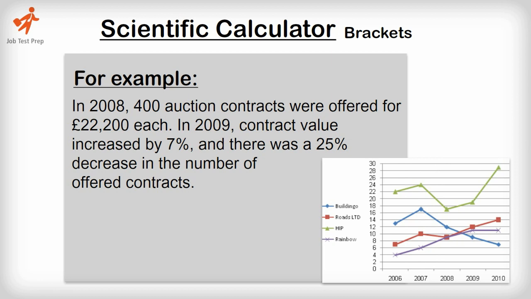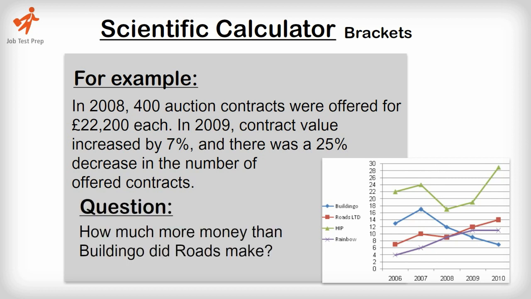For example, in 2008, 400 auction contracts were offered for £22,200 each. In 2009, the contract value increased by 7%, and there was a 25% decrease in the number of offered contracts. Question: how much more money than Buildingo did Rhodes make?